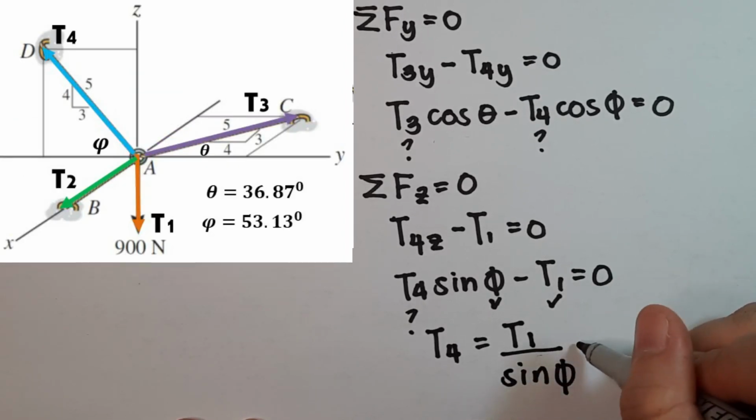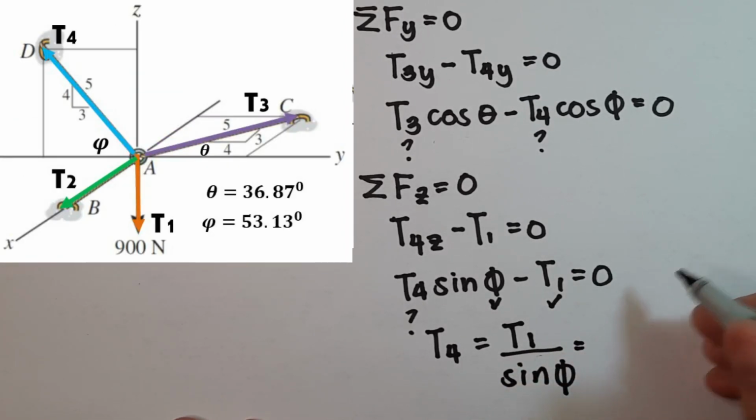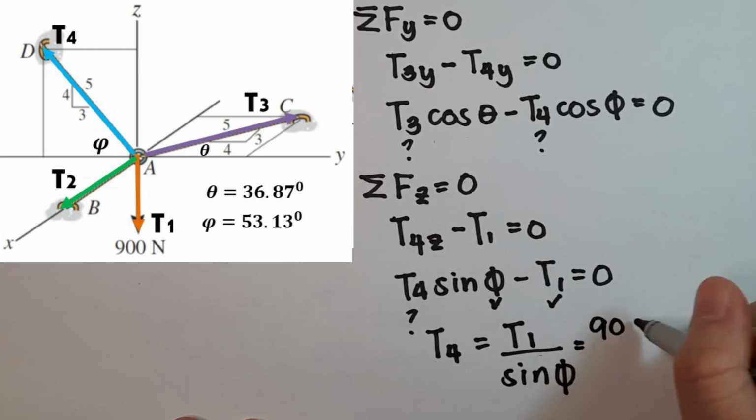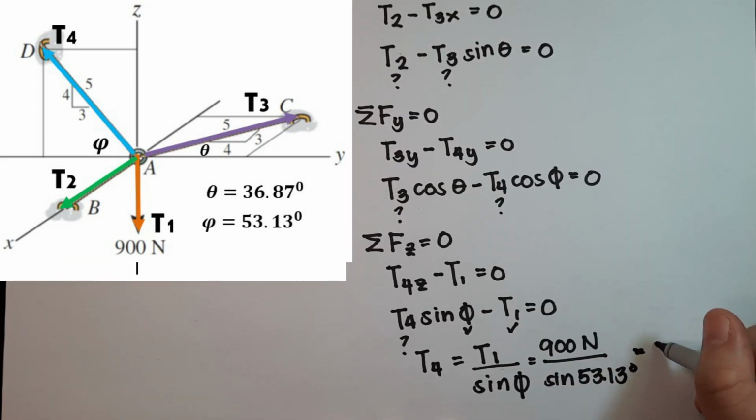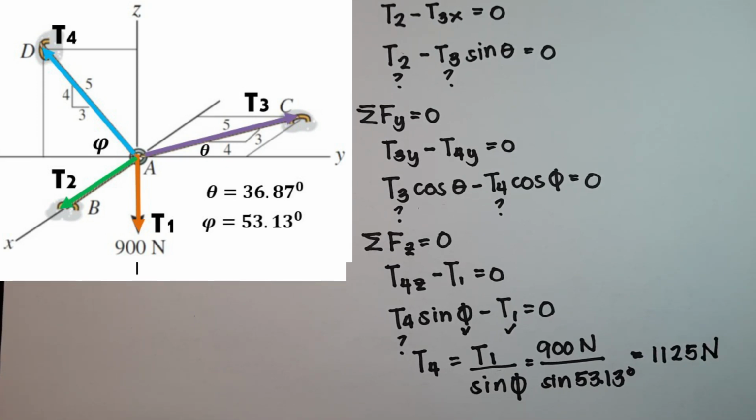So T1 is 900 Newton, while sine phi is sine 53.13 degrees. So the answer for T4 is 1,125 newtons.